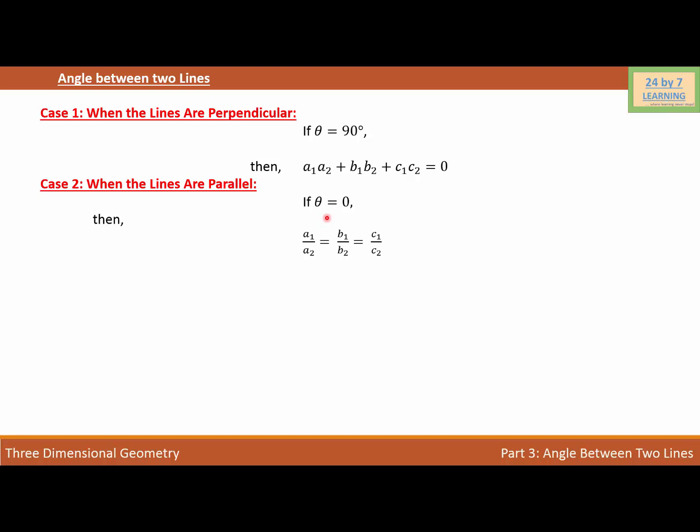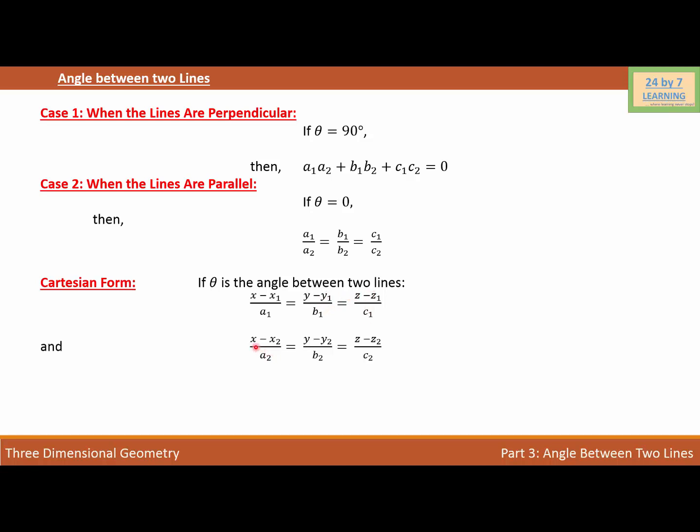Now I'm going to consider the Cartesian form of the equation and then we will find the angle between two lines. So if theta is the angle between, this is my first equation, x minus x1 over a1 is equal to y minus y1 over b1 is equal to z minus z1 over c1.